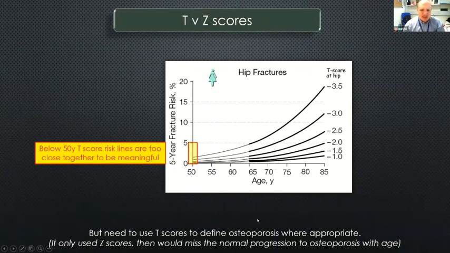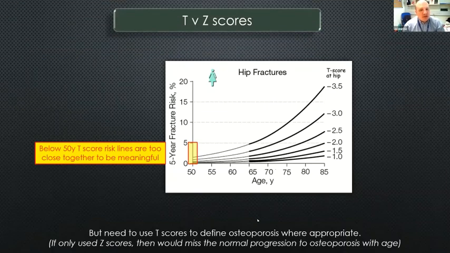Okay, I hope that is fairly clear to everyone so that we can all get into the habit of using T-scores for these postmenopausal women and for men above 50, and Z scores for everyone else. Now, it's important, Z and T scores are very similar between the ages of 30 and 50, okay?